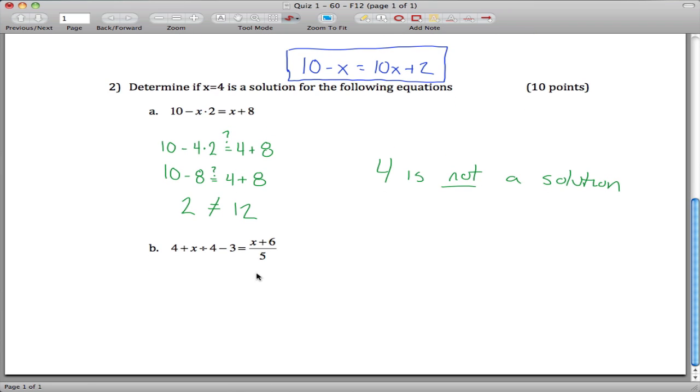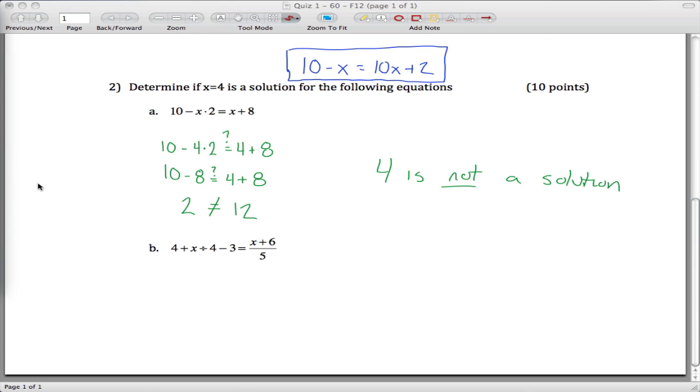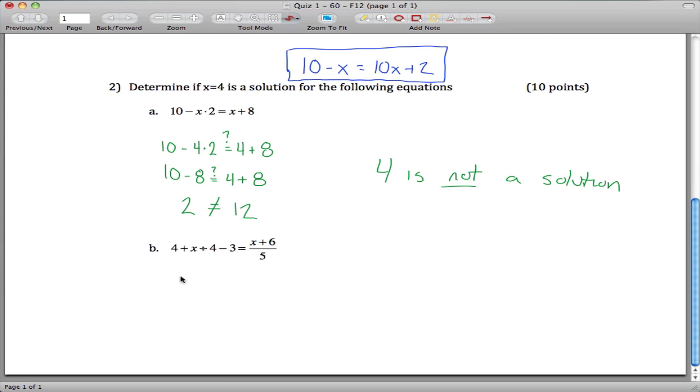We do the same thing down here on the second one. We want to know if 4 is a solution, so instead of writing x, I can write 4 plus 4 divided by 4 minus 3 equals 4 plus 6 over 5. This one's a little bit tricky again because of the order of operations.